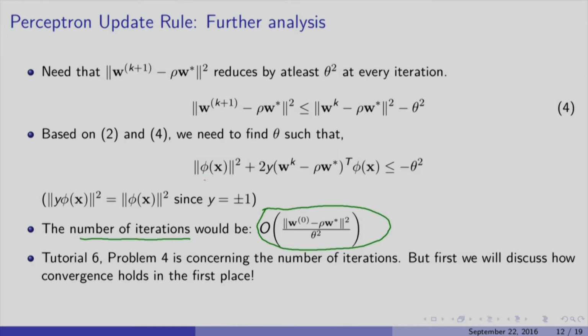So those additional terms that came from 2 should be less than or equal to minus theta square that we have got from 4. We will post a tutorial with some problem 4, where we will discuss more about the number of iterations required for convergence. Well, we will now discuss why convergence will hold in the first place.